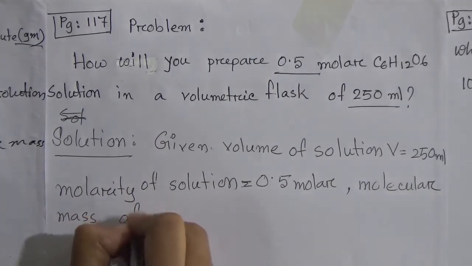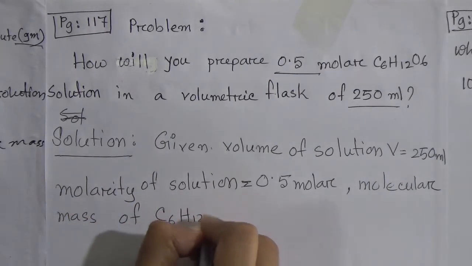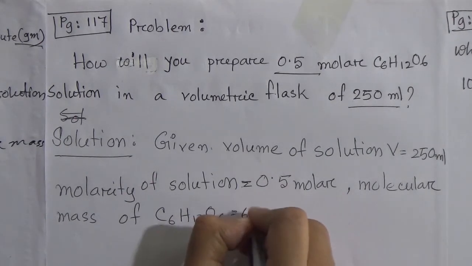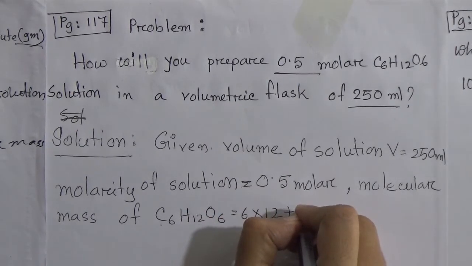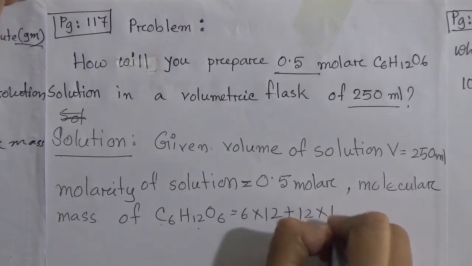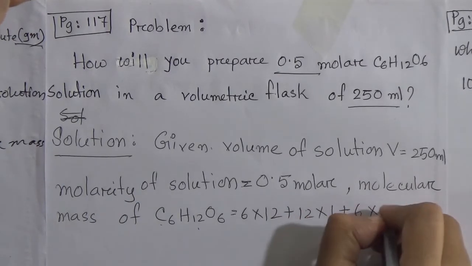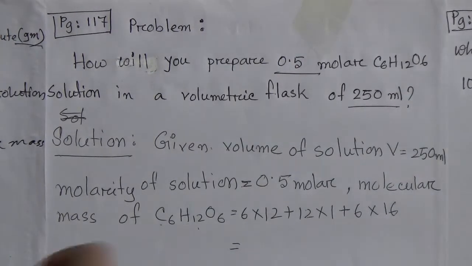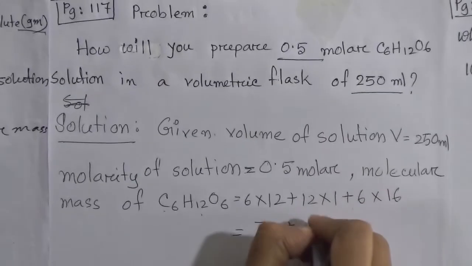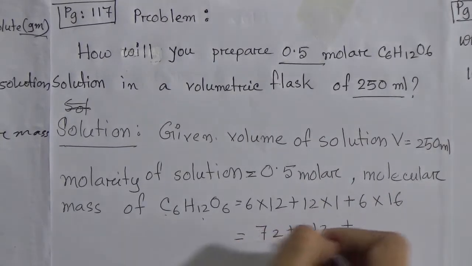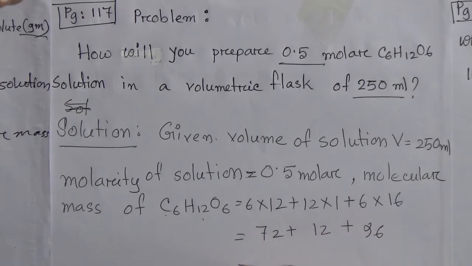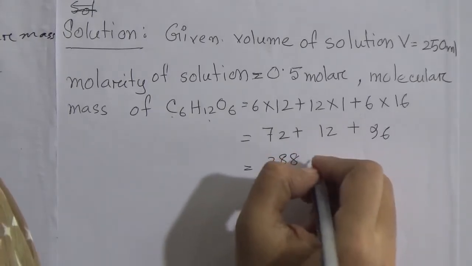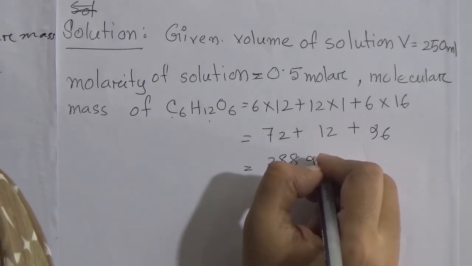Mass of glucose C6H12O6: the carbon atomic mass is 12, 6 multiplied by 12, plus the number is 12 multiplied by 1, plus 6 multiplied by 16, because oxygen atomic mass is 16. In total 72 plus 12 plus 96, and in total that will be 288, and molecular mass we find out in gram.